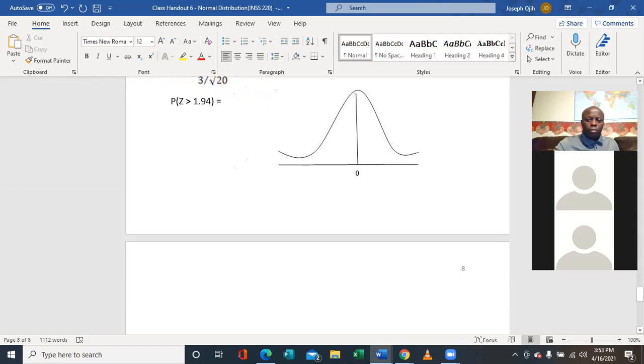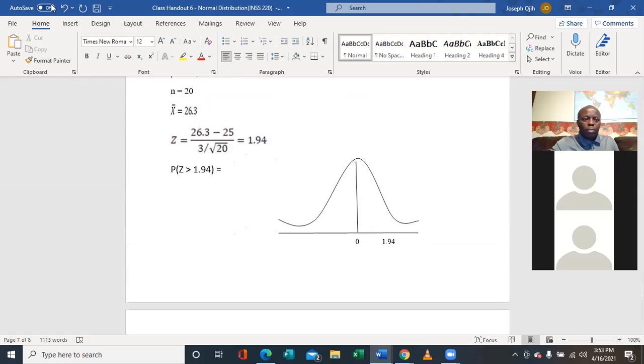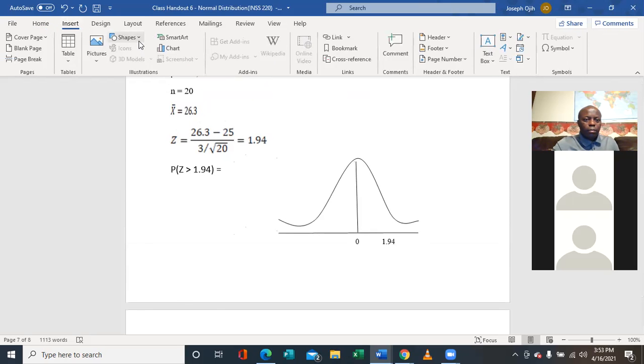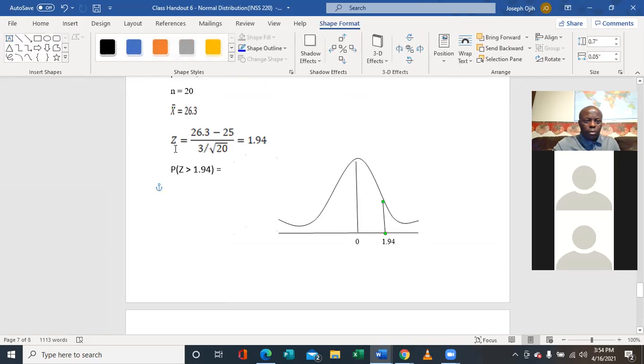Now, the probability we're looking for is beyond 1.94. That means we're going to shade this part right here. So it is at the tail.